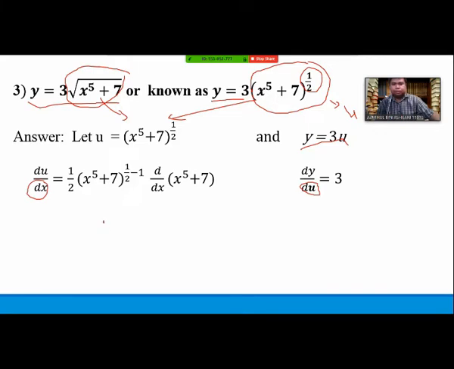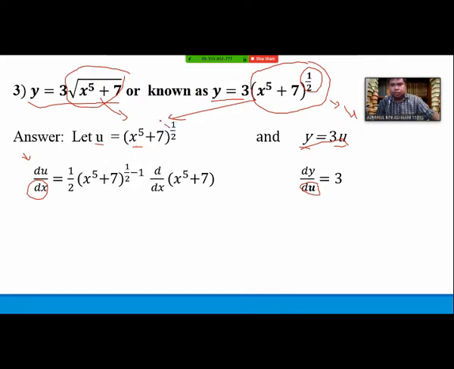Because this is u and has x inside of it, we differentiate du per dx. Meanwhile for this y, we have a u, so we differentiate dy per du. To differentiate based on x for this one, you need to see which one has an x.